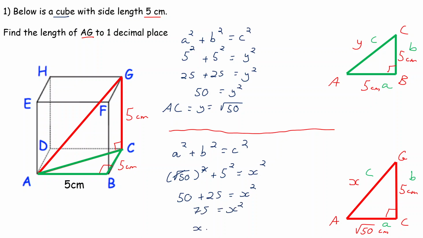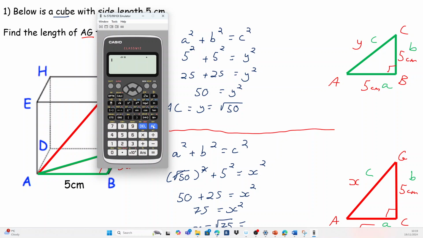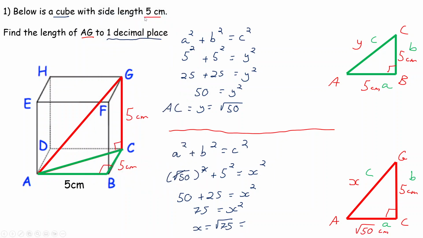Therefore, x is going to be equal to the root of 75, okay, which we want to give the answer to one decimal place. So now we need to go and get out the calculator and type in root 75, which is equal to 5 root 3, or 8.7 to 1 dp.